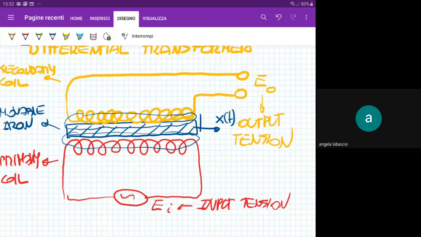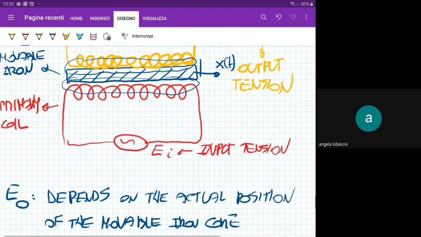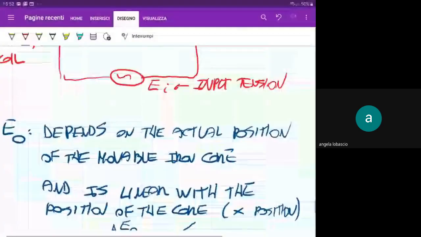You don't know anything about that. What you will know is just the output tension. With just a linear equation, you can refer to the unknown displacement by using this picture.